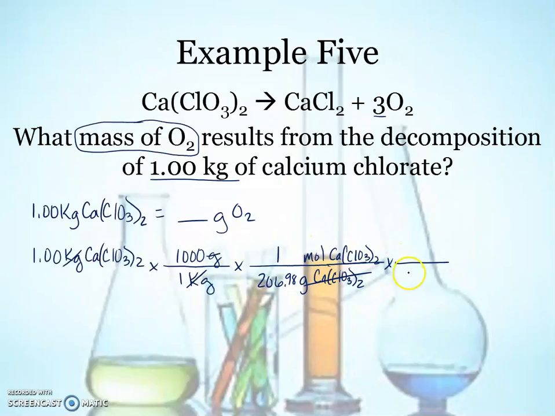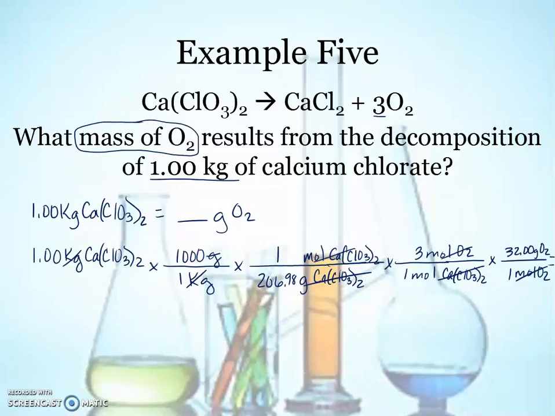Okay, and then we've got 1 mole of Ca(ClO3)2, and we've got to find oxygen, so 3 moles of O2. And then we're looking for grams, so 1 mole of O2 is equal to 32.00 grams of O2.